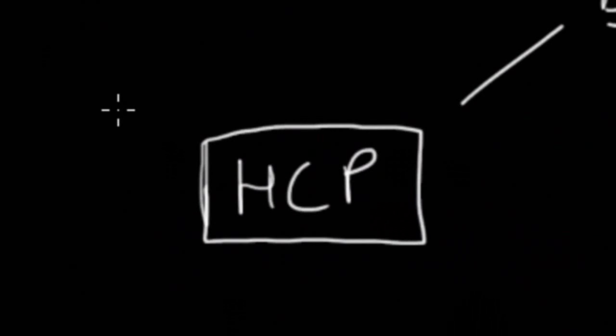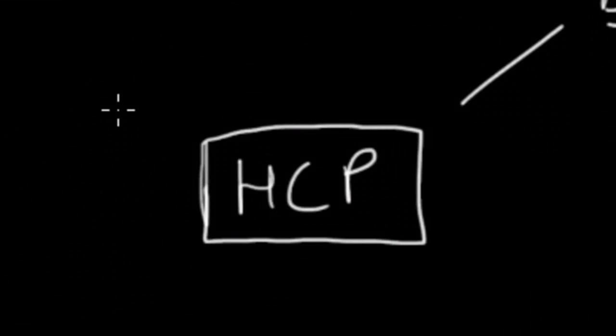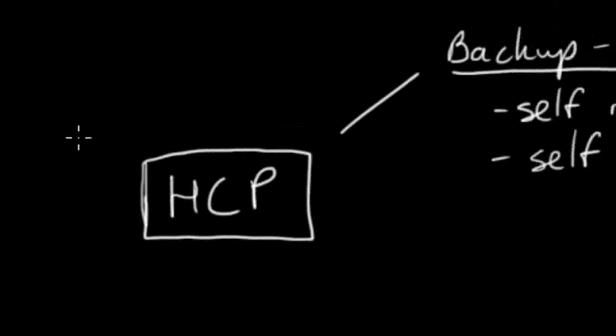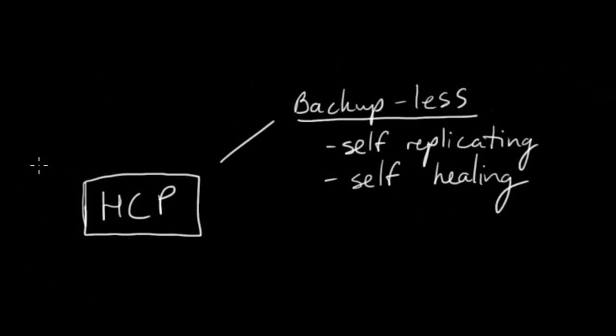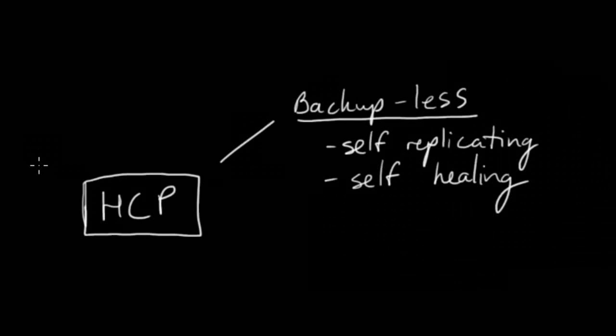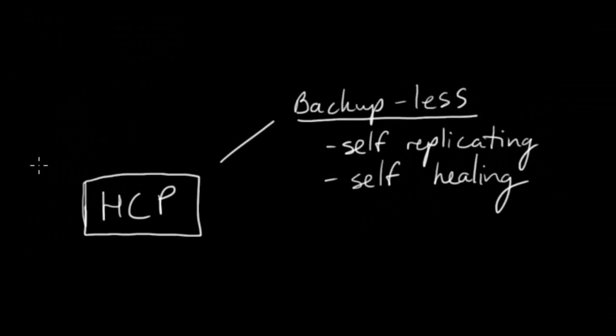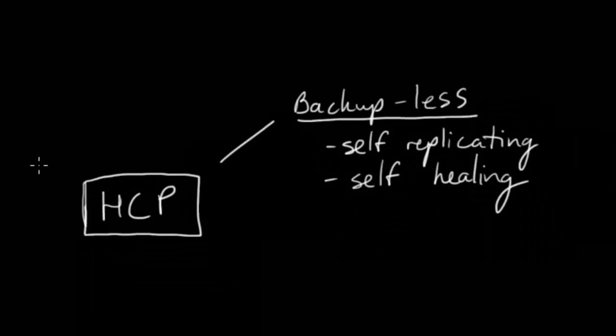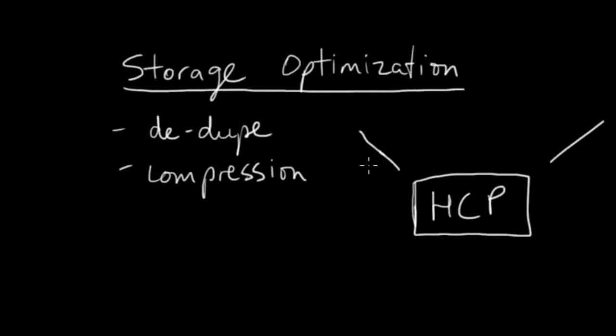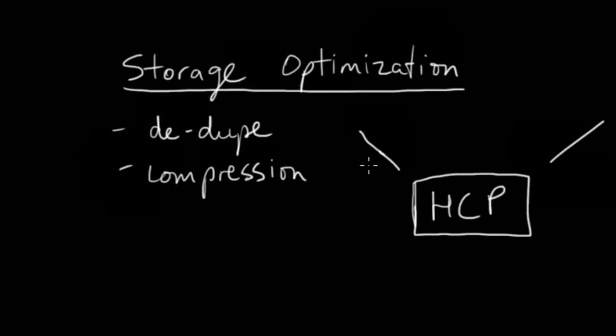Now, this technology in the middle that I've drawn, again, just to remind you, is called Hitachi Content Platform. The first thing that we talked about, the key thing, is that it's a backupless solution. So that implies that the content that's stored within HCP is, again, self-replicating and self-healing, therefore we no longer need to back this thing up. The second aspect to look at now is storage optimization.